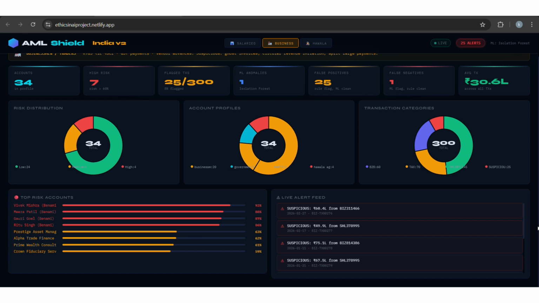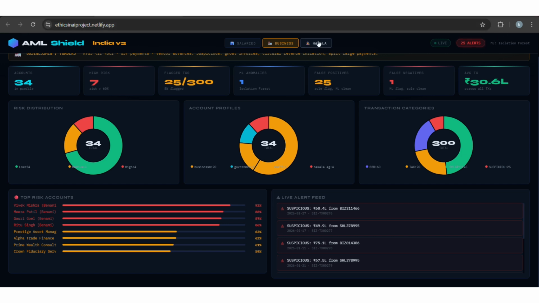The transaction category shifts to B2B vendor payments, GST challans, and advance tax patterns consistent with GST-registered commercial entities with annual turnovers between 25 lakh and 6 crore rupees.